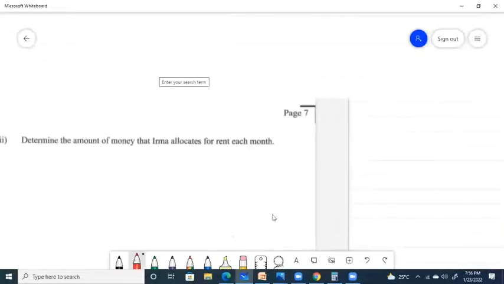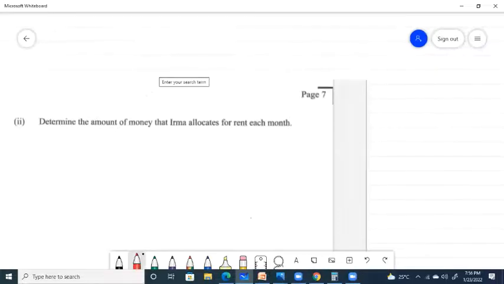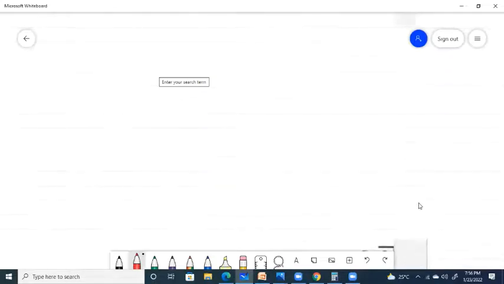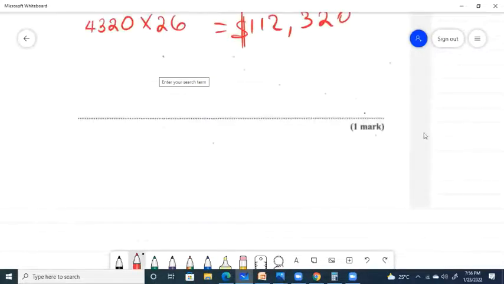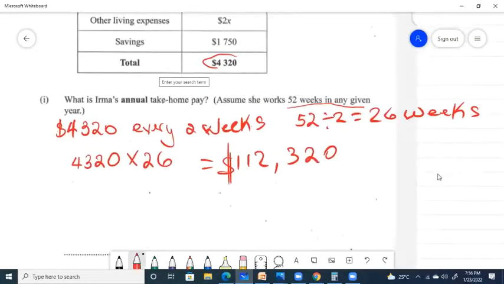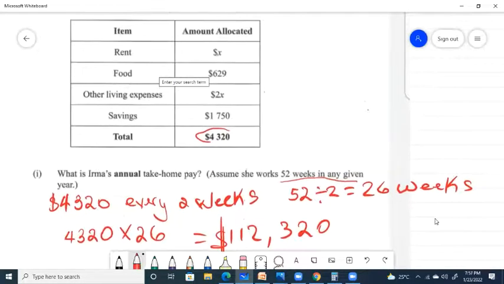All right, so the next question says, determine the amount of money that Irma allocates for rent. Let me go back up here. I think we can work this problem up and then write it down when we're ready. They want to know how much money she allocated for rent.